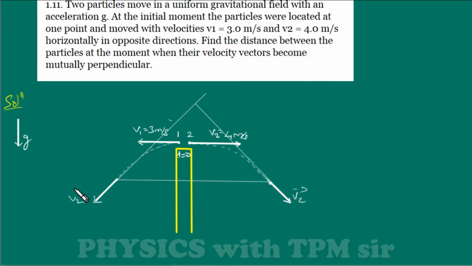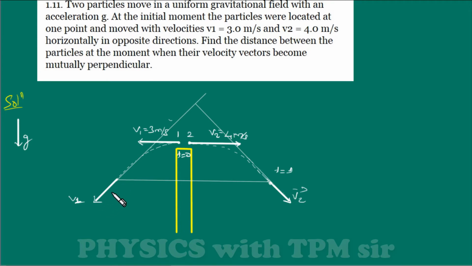So students, the situation is something like this. At t equal to 0, both particles are thrown horizontally in opposite directions. Now this particle 2, at some time t, has reached here, and this particle 1 is moving in this direction.